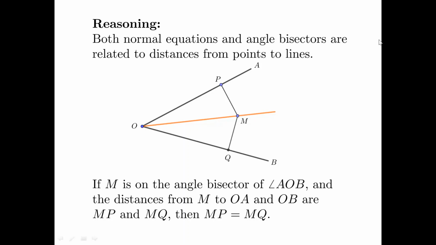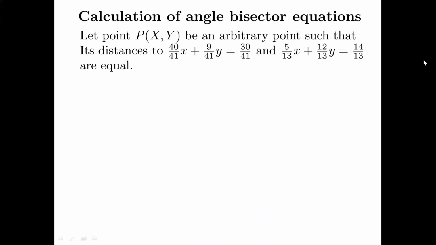Both normal equations and angle bisectors are related to distances from points to lines. If M is on the angle bisector of angle AOB, and the distances from M to OA and OB are MP and MQ respectively, then MP equals MQ.